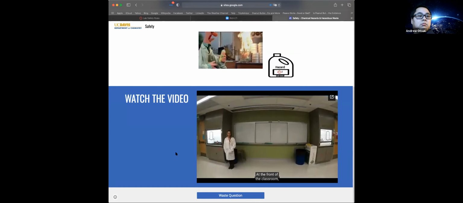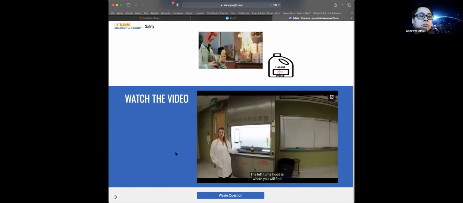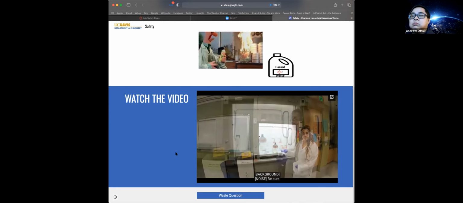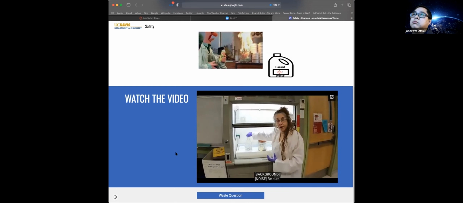At the front of the classroom, there are 2 FUME-HOODs. The left FUME-HOOD is where you will find hazardous reagents needed for the class. The right FUME-HOOD is used for waste and acetone rinsing. Be sure to open the lid of the waste and use the funnel to pour out any waste that you need.